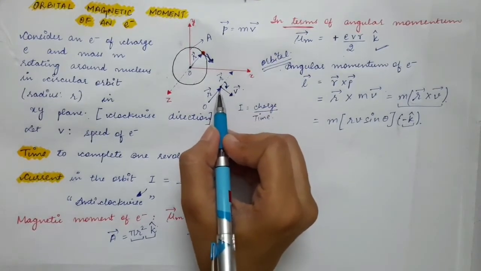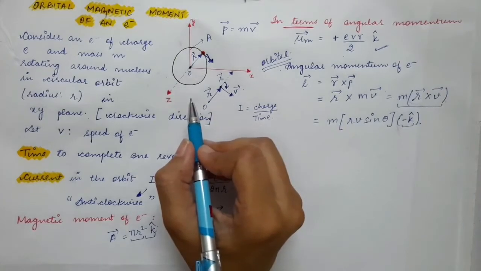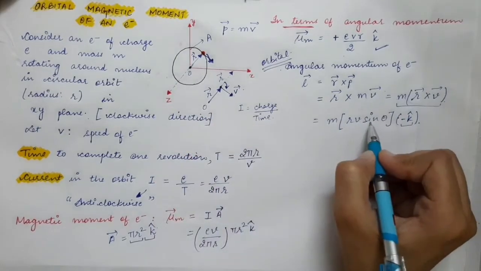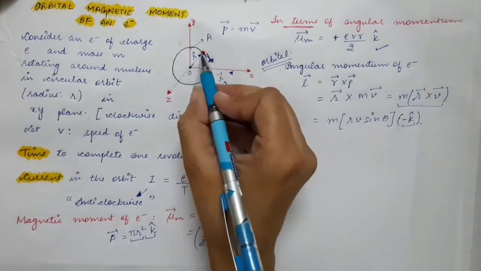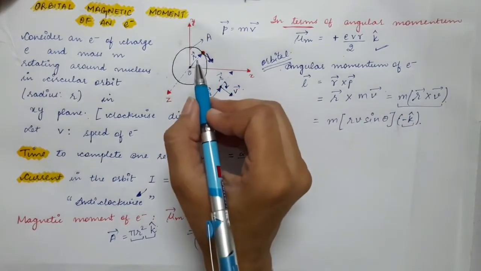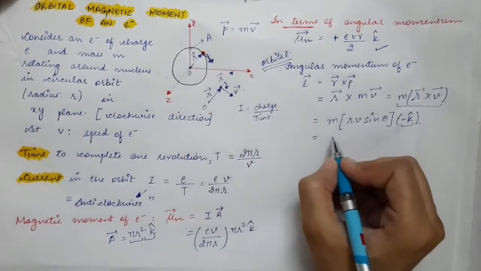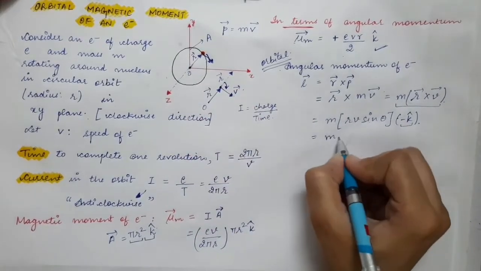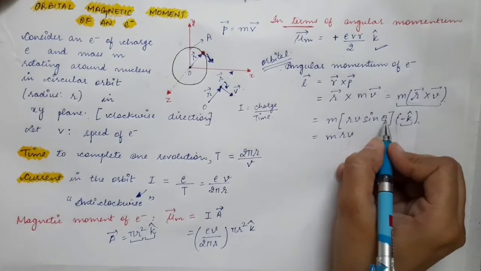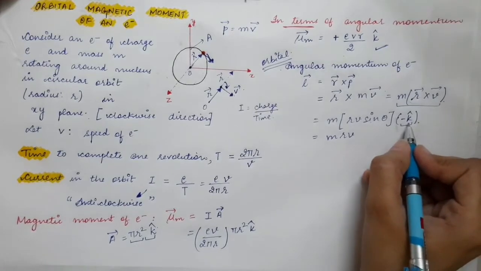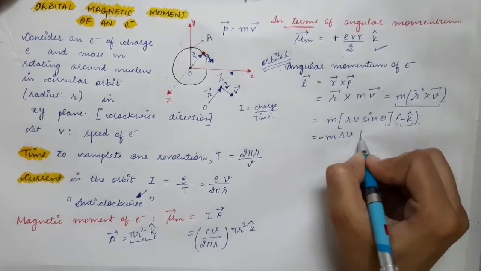So there is an angle of 90 degrees between these two vectors. So sine of 90 degrees will be there at all the points on this circular motion. So this L vector for the case of the electron will be equal to m into r into v, sine 90 degrees is equal to 1, and you have minus k cap.